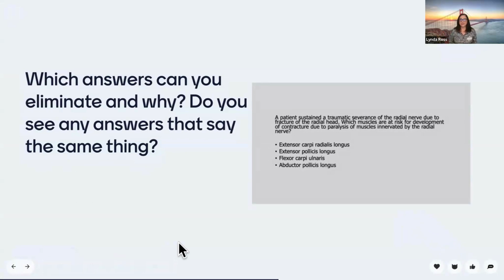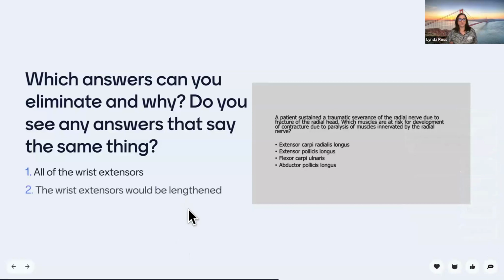Do you see any answers that say the same thing? The extensors, right? Because they are elongated. Great. So the extensors, and the abductor pollicis longus is also innervated by the radial nerve. And our correct answer is flexor carpi ulnaris.